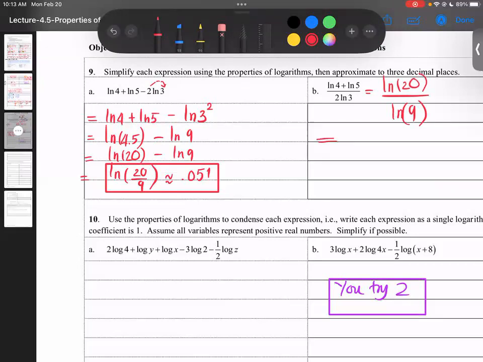You will be able to do the quotient rule, but not until the last minute, right? Now it becomes a quotient. Now it becomes ln of 20 divided by 9. You're right, the same thing.